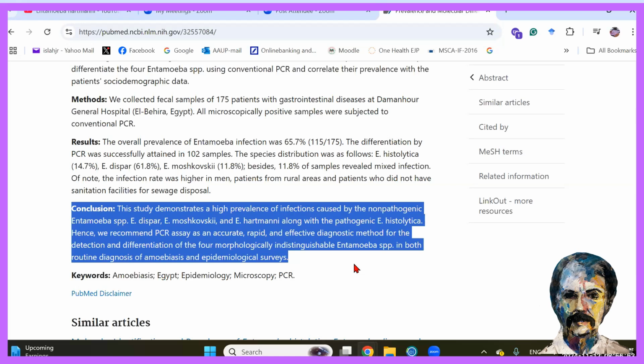Hence, we recommend PCR assay as an accurate, rapid, effective diagnostic method for the detection and differentiation of the four morphologically indistinguishable Entamoeba species, in both routine diagnosis in the normal labs and epidemiological surveys. Understood? Let's go back.